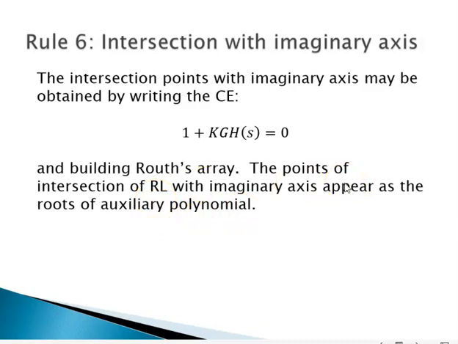That is, you will have a row of zeros. Right above the row of zeros you have the auxiliary polynomial, and the roots of this auxiliary polynomial give us the points of intersection. Once you apply all 6 rules in situations where they are applicable, for example, in some situations rule 6 need not be applied, or in some situations rule 3 need not be applied, and so on.